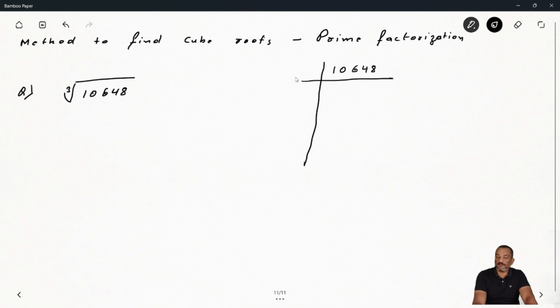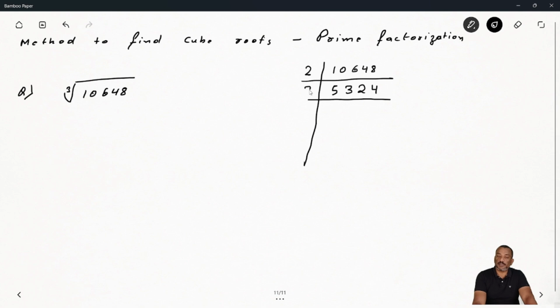In prime factorization, we have to take a prime number as a factor. So 2 is the smallest prime number, and it is also an even number, so we can divide by 2. Now, when you divide 10,648 by 2, how much will you get? 5,324.